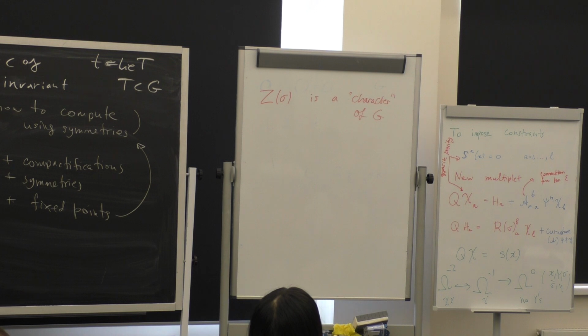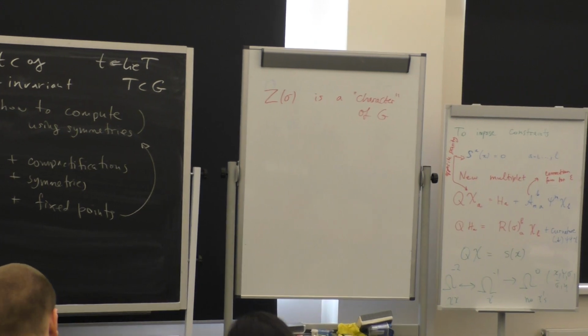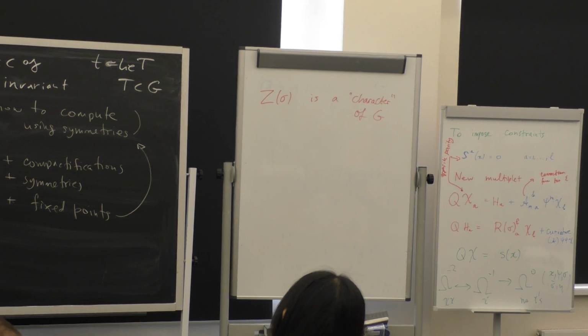Okay, but now the great thing about this function is that not only is it W invariant, it's almost computable. And why is it computable?